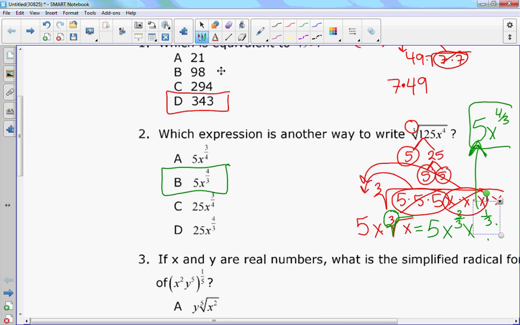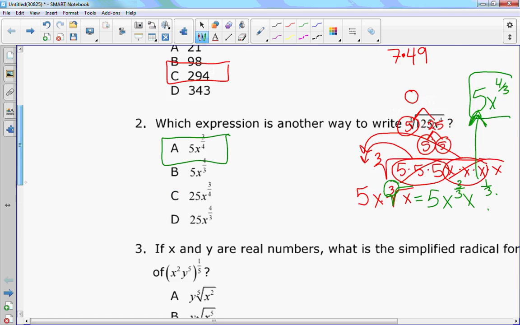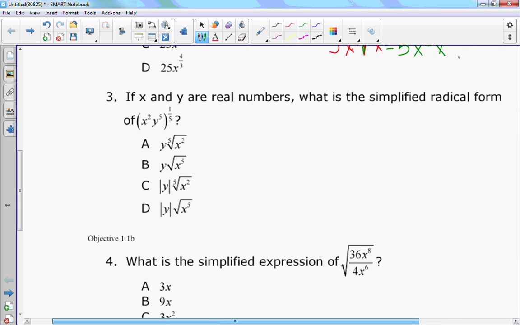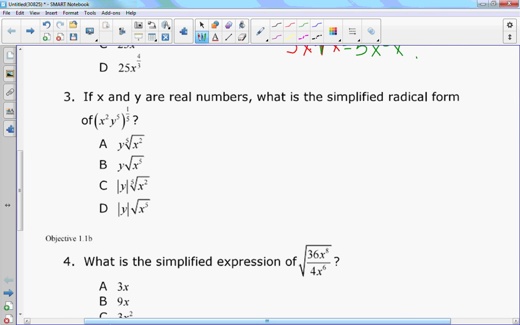Okay, try number 3 by yourself, please. If x and y are real numbers, what is the simplified radical form? Notice it starts in exponential form. They're going to switch to radical form and make sure it's simplified.